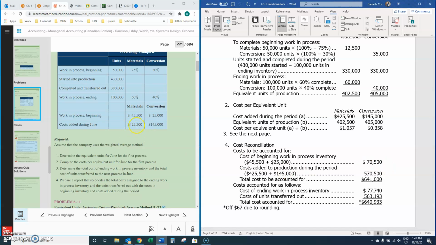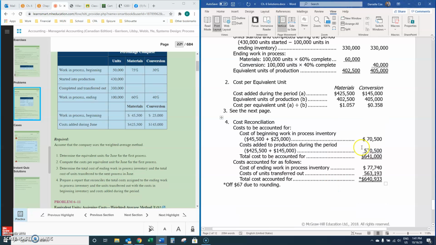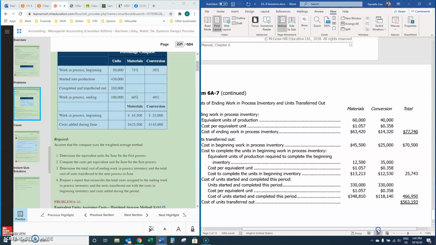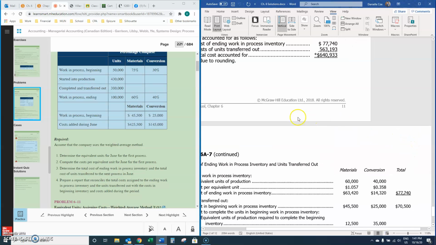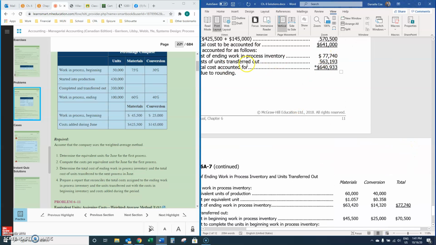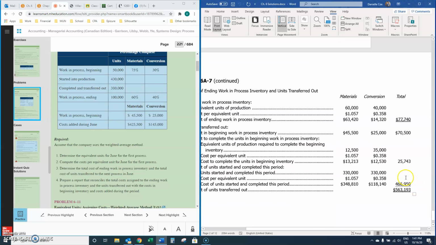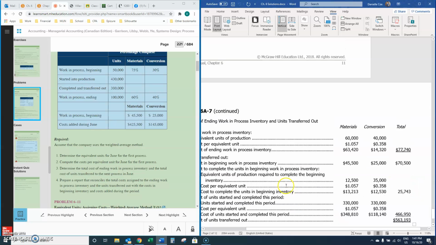Then we added 425.5 and 145 that period. So total cost 641. Where did those costs go? Cost of ending work in process inventory, it's down in part C, 77.4 here. Cost of units transferred out is the total here, 563.